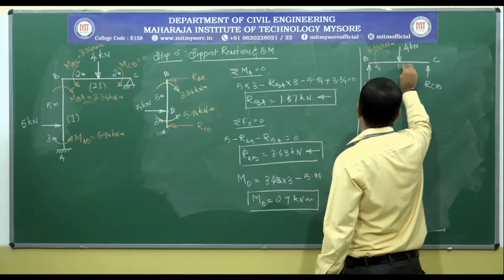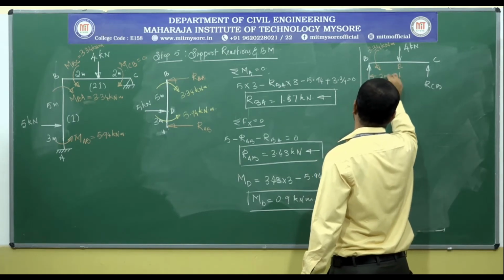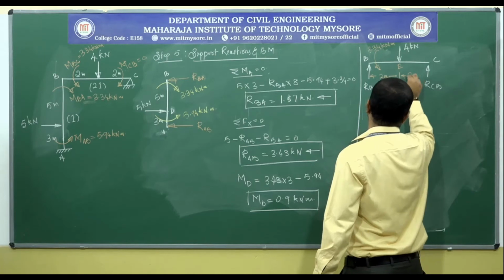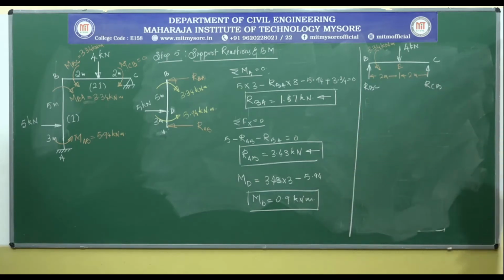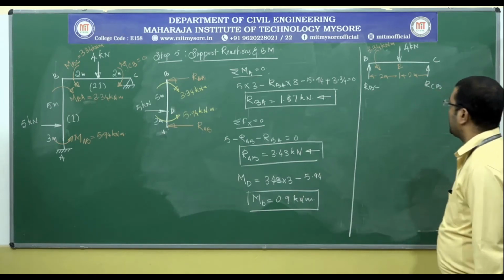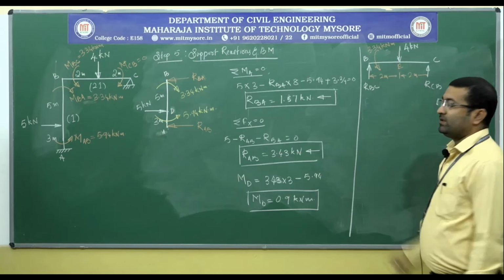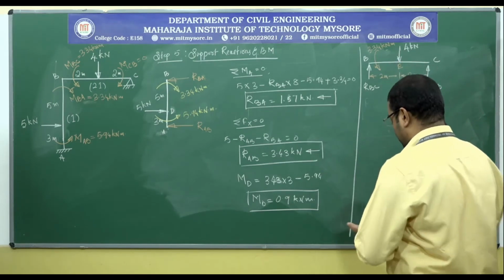Let me call this point E. So we need to work out how much is the value for RBC, RCB, and also the maximum bending moment under the concentrated load.